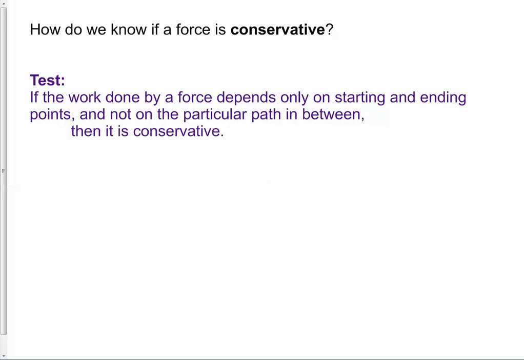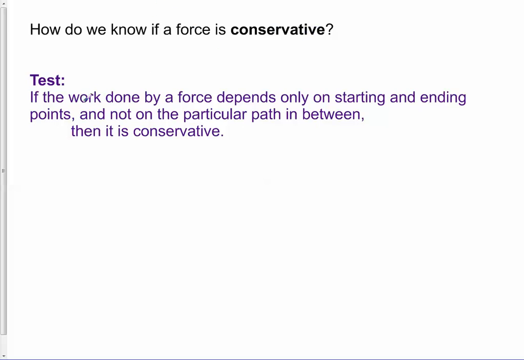Gravity and spring force had the ability to store energy that we could get back in the form of kinetic energy. So that's what we call potential energy. But there's also an easy to apply test for whether a force is conservative or not.